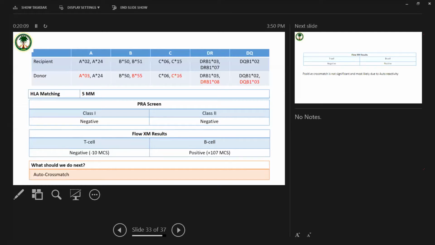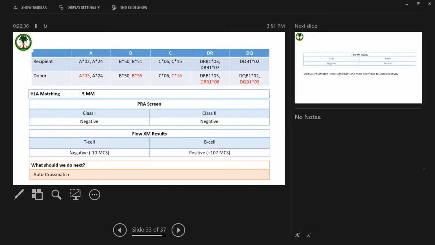Here is the case, as I mentioned in the last slides, where we need to justify the relevancy of this positivity. What we need to do next? Of course, it is good to communicate with your clinical people and check whether the patient has autoimmune disease. You can check the NA profile for that patient. He might have SLE. Then we do an auto-cross-match. That auto-cross-match will tell you if the patient has antibody against himself.